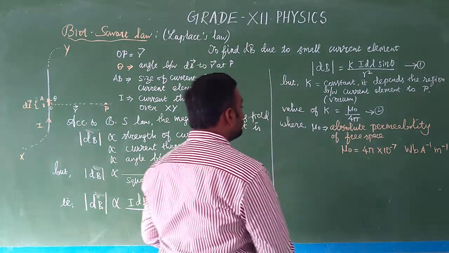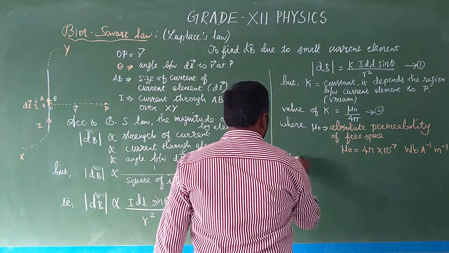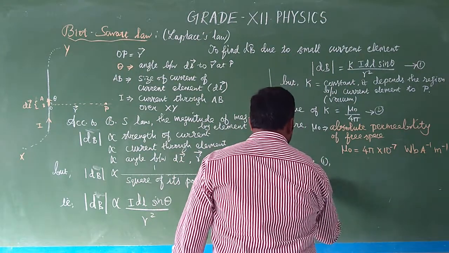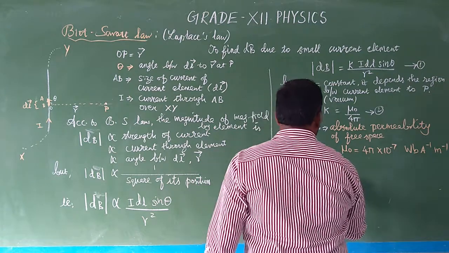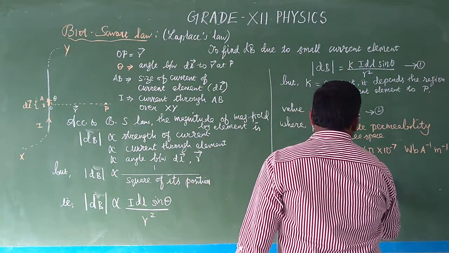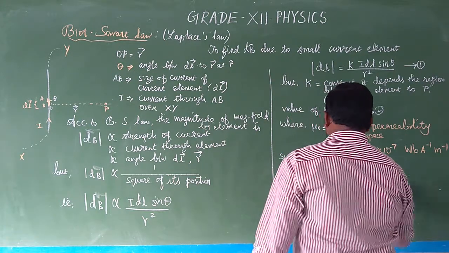Now substitute 2 in 1. We get dB equal to mu naught by 4 pi into I dl sin theta by r square.